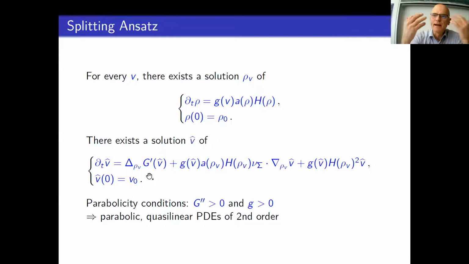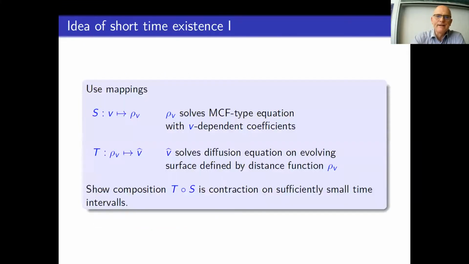But due to the pullback, everything is done on sigma. But you see here still again some second derivative squared of rho appear. So this is a quite nonlinear equation. Both equations are now strongly coupled, but second order. And the idea is you use now mappings.